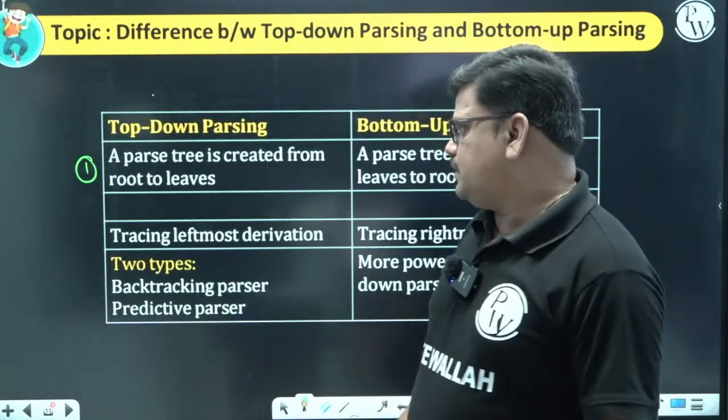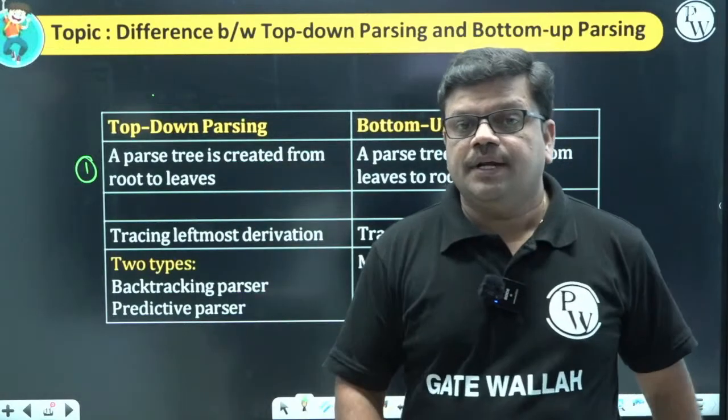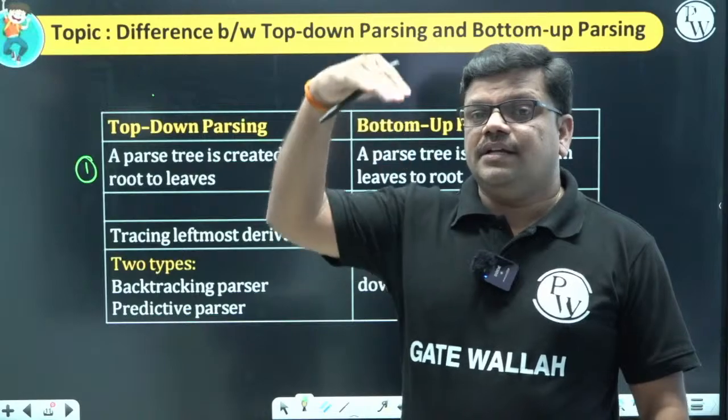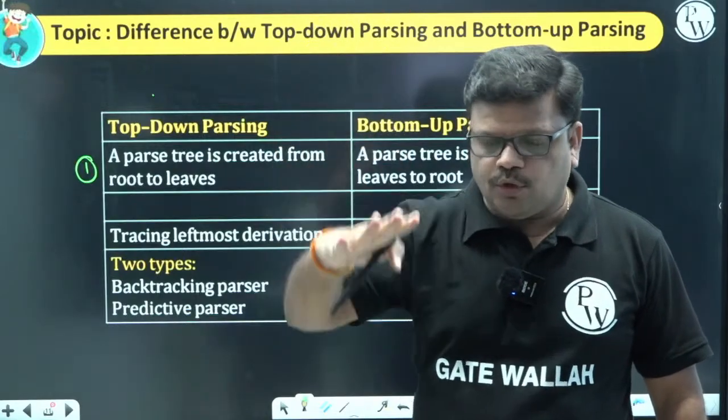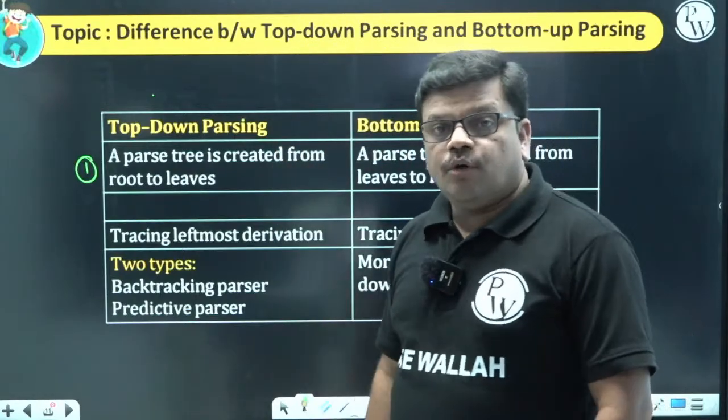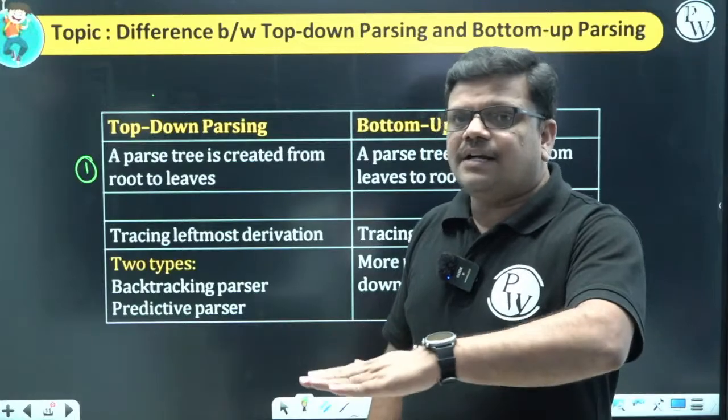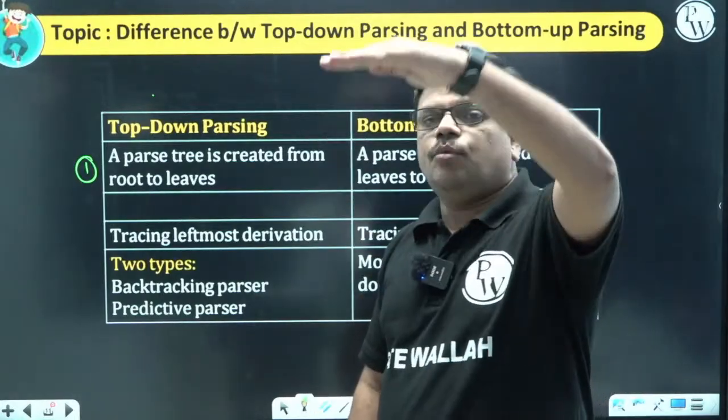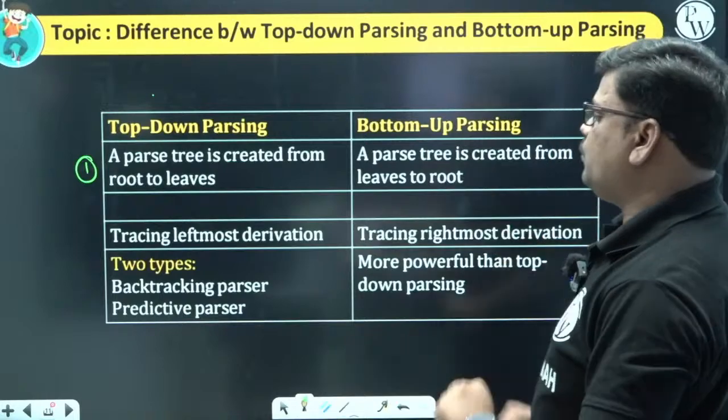And tree construction is also different. The top-down parser constructs the tree starting at the root, top to bottom. The bottom-up parser constructs the tree starting at the string, proceeding bottom to top.